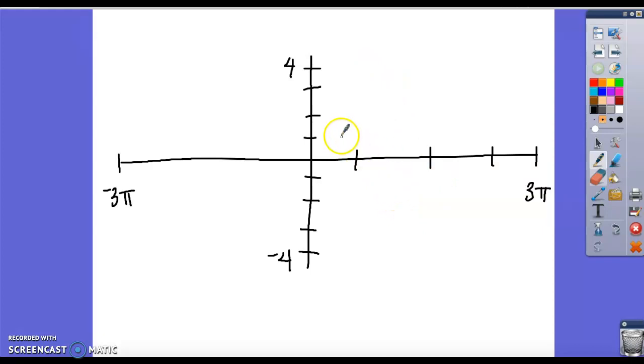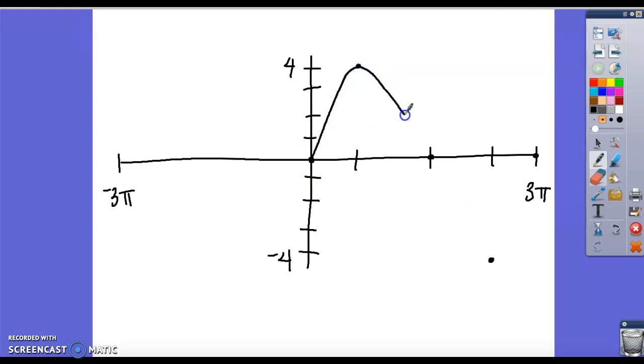So the sine function, and then we'll graph the negative sine, starts at 0. It's going to hit its max, then it's going to hit 0, then its min, and then it's going to come back to 0 before it starts over.